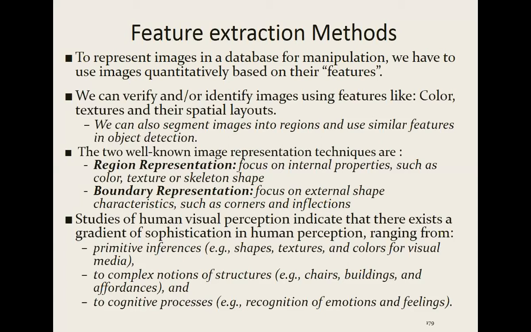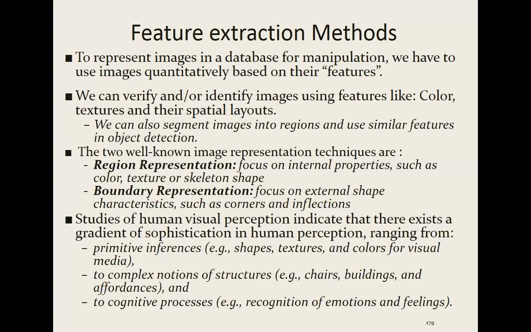And we can also go for boundary representation. In a boundary representation, we try to define the image based on its endpoints. Take the alphabet H. It has two endpoints at the top. Take the character B. It has again two endpoints at the bottom.